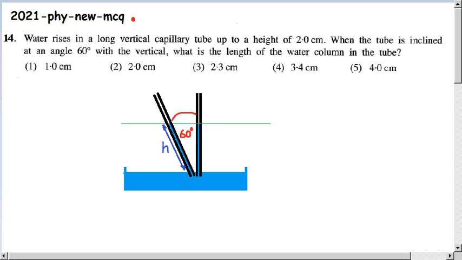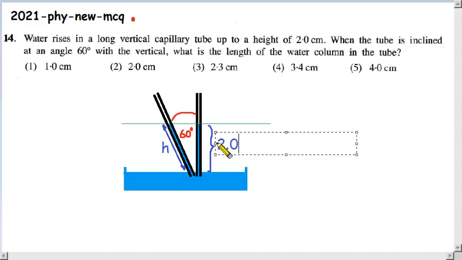They have given that water rises in a long vertical capillary tube up to a height of 2.0 centimeter. This one is then 2.0 centimeter.